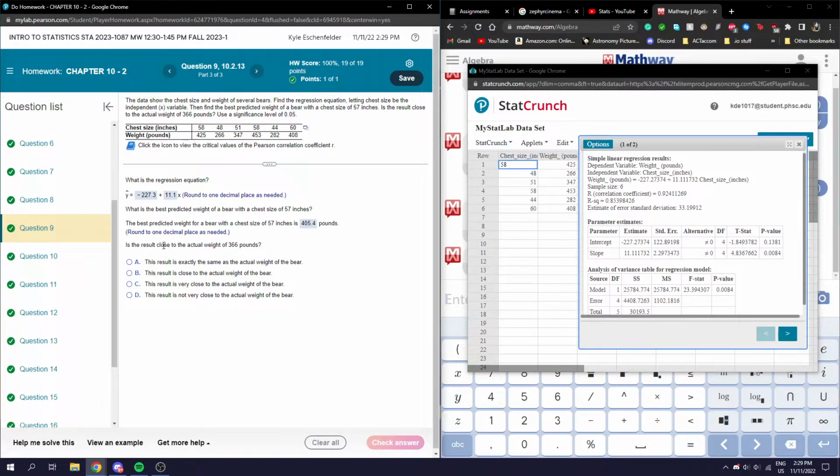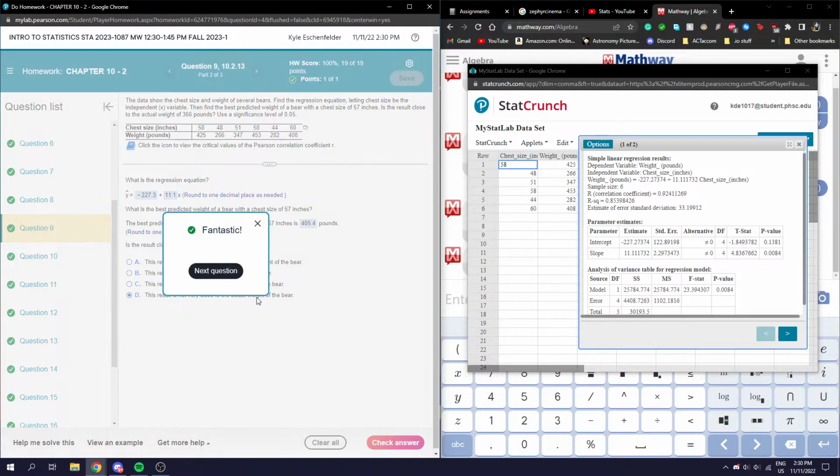And then, is the result close? If it's within 5% of the actual weight, then it is close. But if it's not within 5%, then the result is not very close. Yeah. Okay.